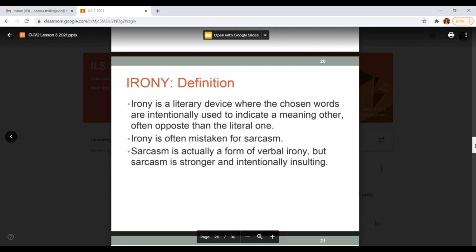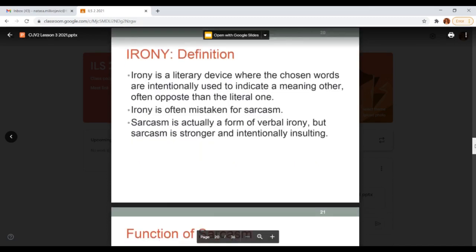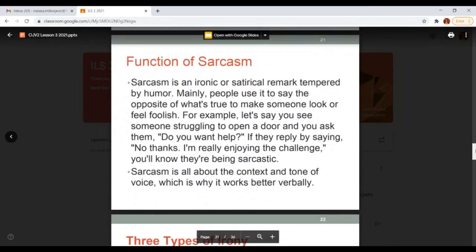So sarcasm is actually a form of verbal irony, but stronger and also frequently intentionally insulting. So it usually carries a stronger message than just irony itself. As an ironic or satirical remark, it also can be viewed as a form of ironic or sarcastic humor.